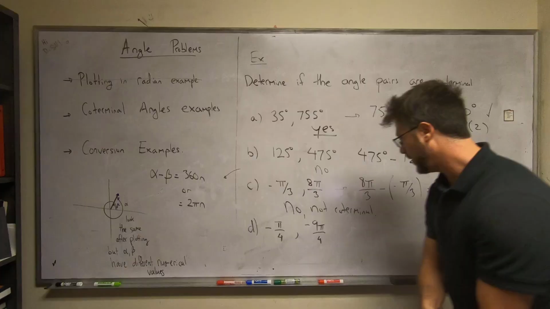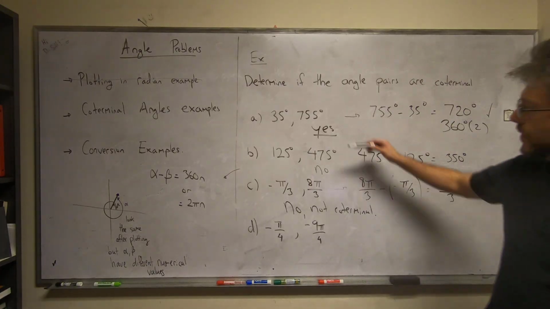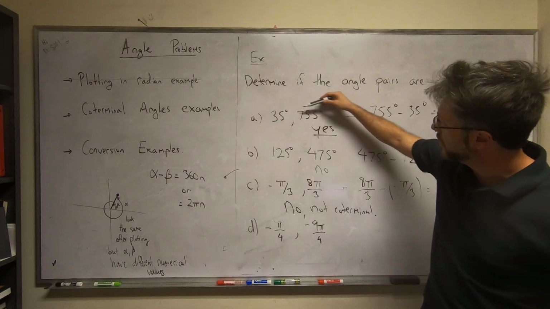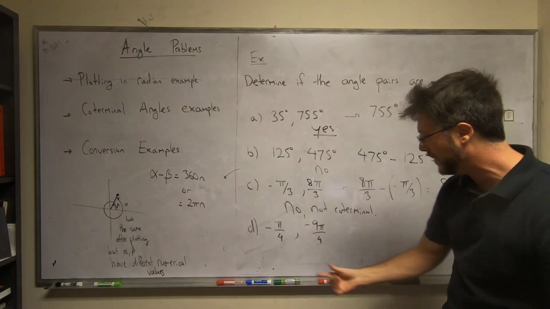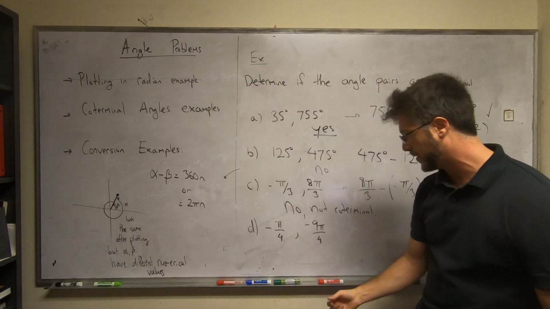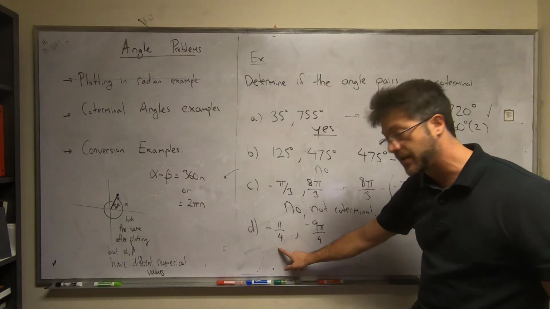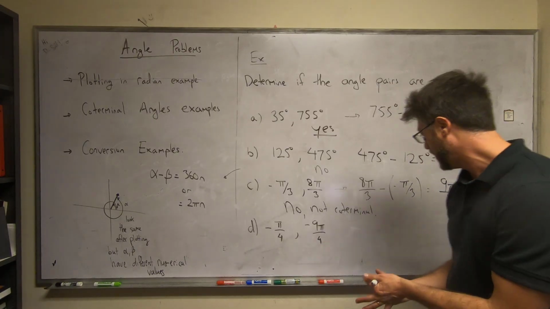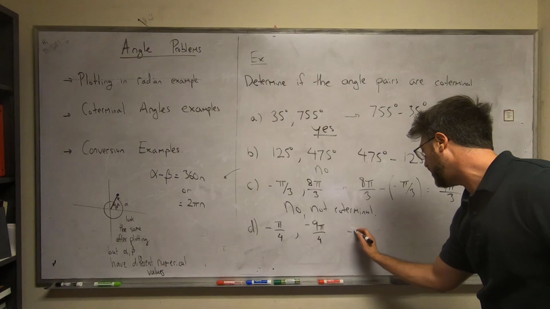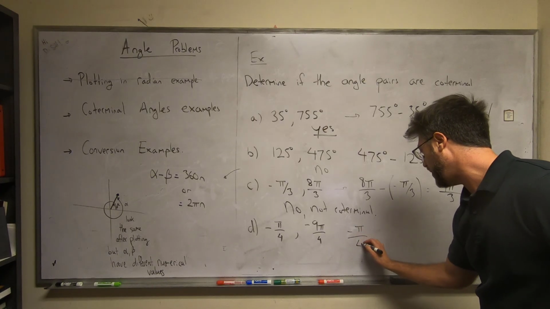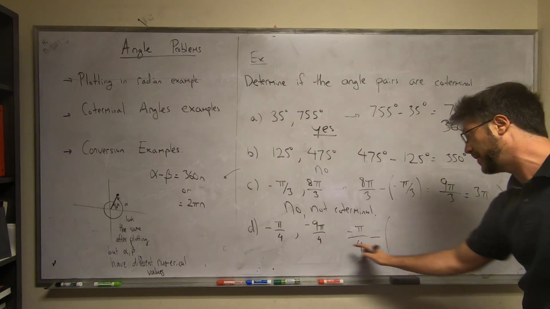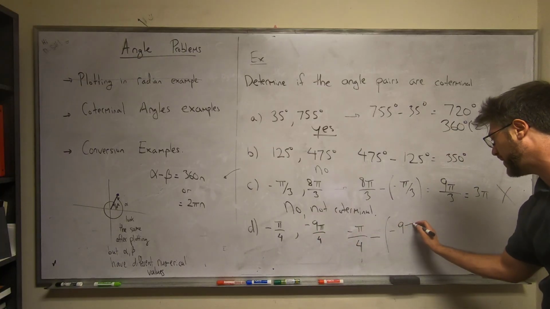Okay, so then the final example here. In the first three, I've always arranged it large, small, but it doesn't have to be. If you look at these two values, which one's actually larger? Well, this one is closer to 0 than this one. So then larger minus smaller would be negative pi over 4 minus becomes a plus.